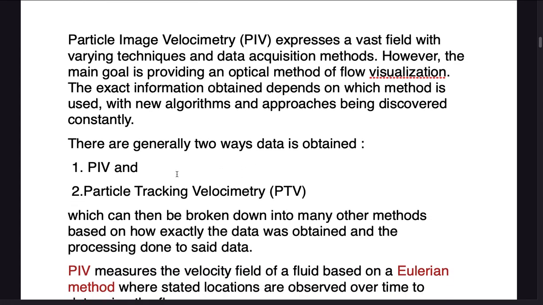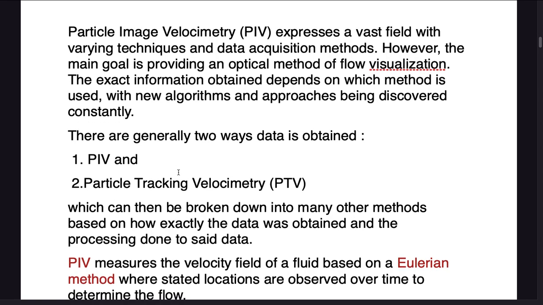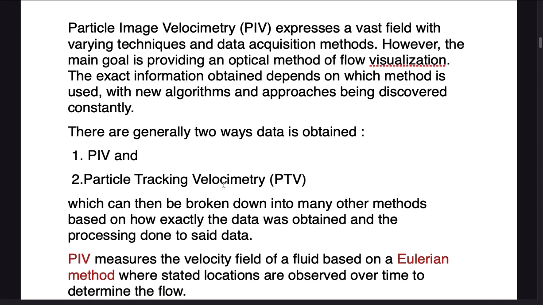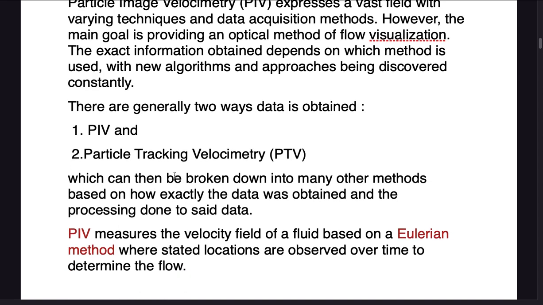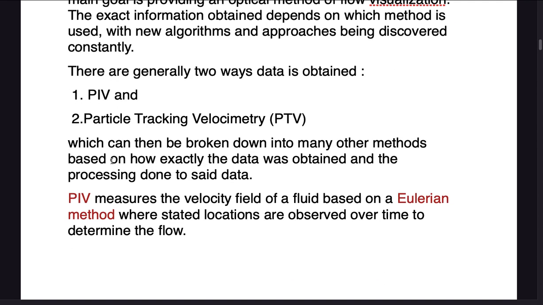There are generally two ways to obtain data. The first is PIV, particle image velocimetry, and the second is particle tracking velocimetry. These can then be broken down into many other methods, based on how exactly the data was obtained and the processing done to said data.